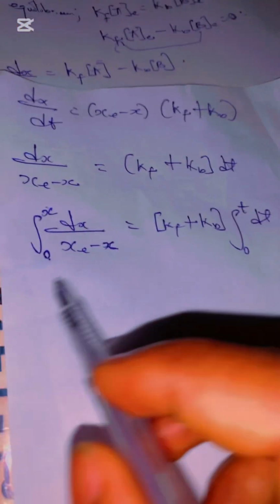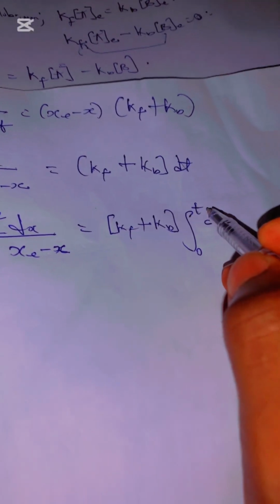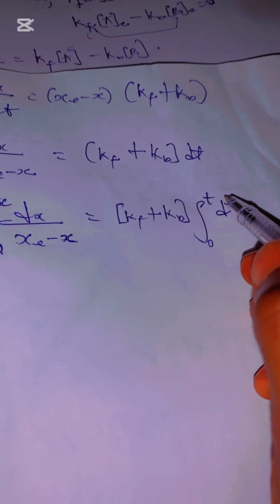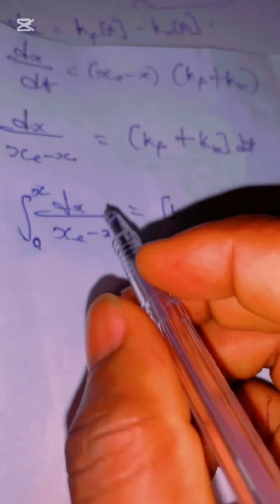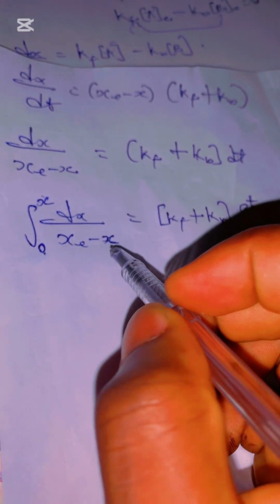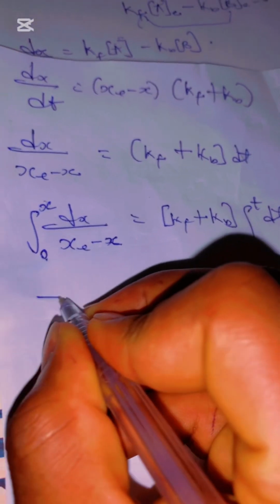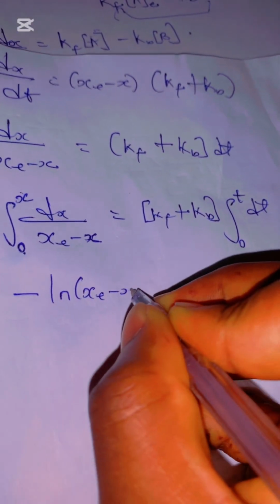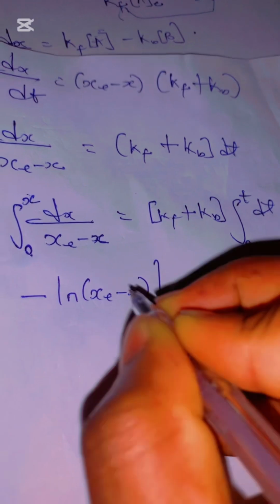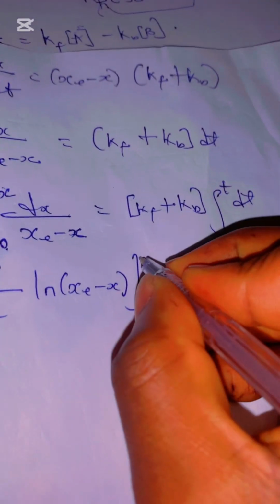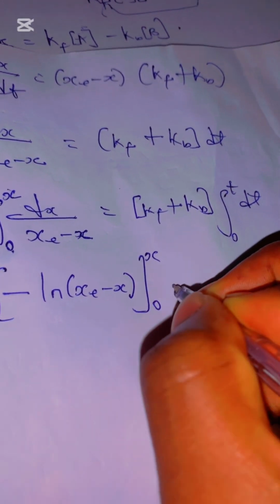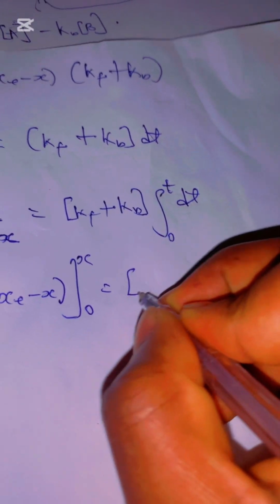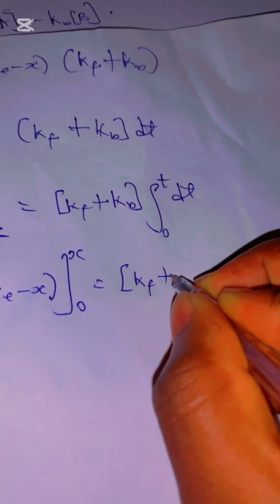And when I started, the time is 0 until the time we end the reaction. Do you understand? So if I integrate 1 over xe minus x, I am going to have minus ln xe minus x. Do you understand? And then we have upper and lower limits, which is what? X and 0, which is equals to, we have kf plus kb.